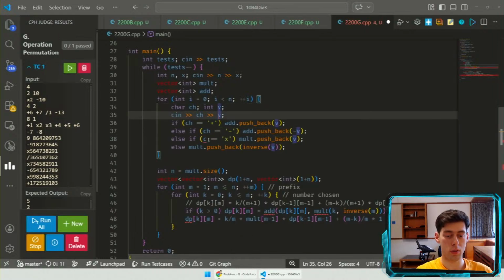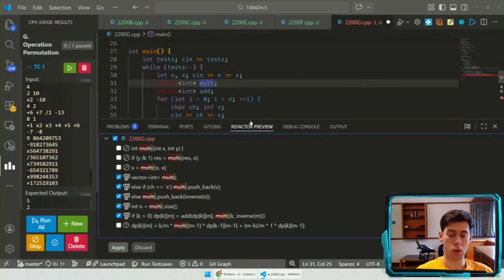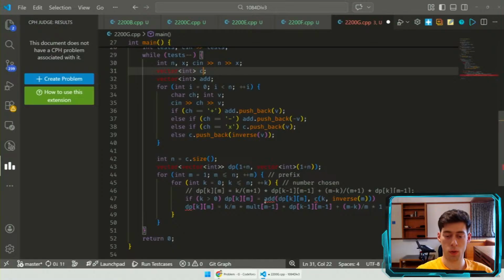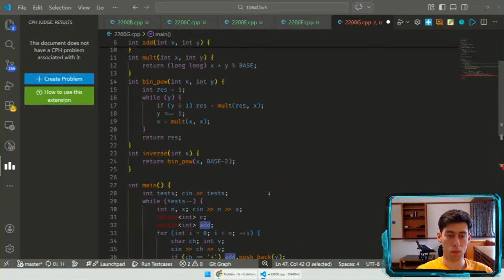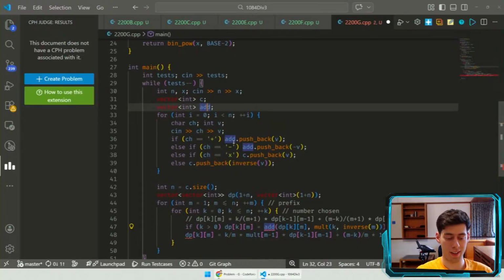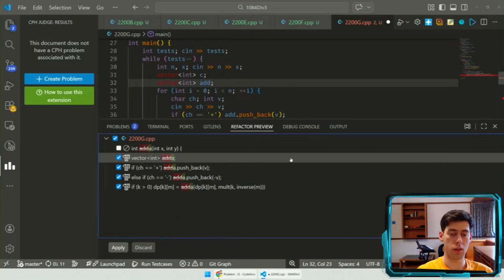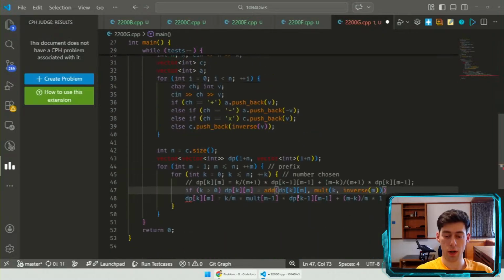I'll change all these. Apply all except for this. Oh, I've got add as well. This is A. Yeah, apply all, except not this either.